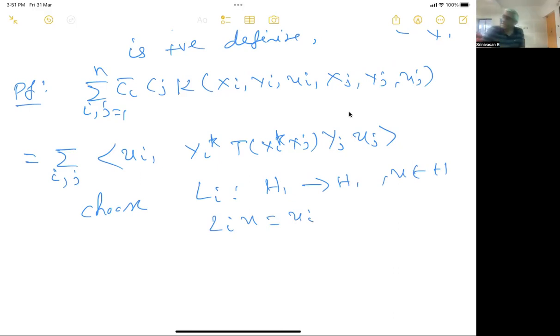Then you will get L_i u here and L_j u here. L_i u, you can take the L_i star there. Then this will become summation over i, j, this will become just u. Right? And then you can take the c also inside. c_i L_i y_i whole star.